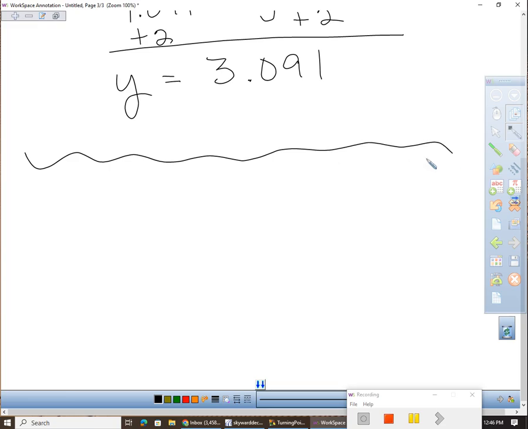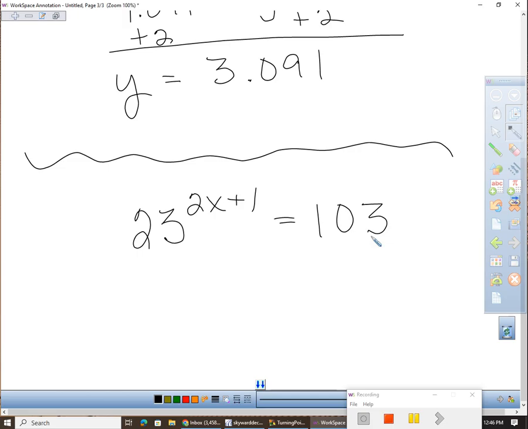So let's say I have 23 to the 2x plus 1 equals, how about 103? Now we know there's no way, you can tell just by looking at it that we can get these bases the same, right?